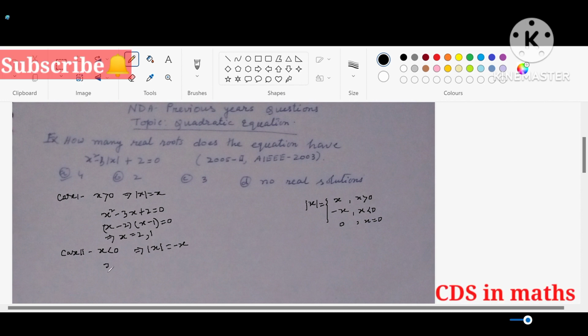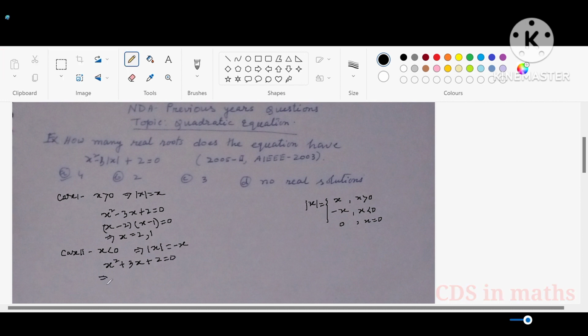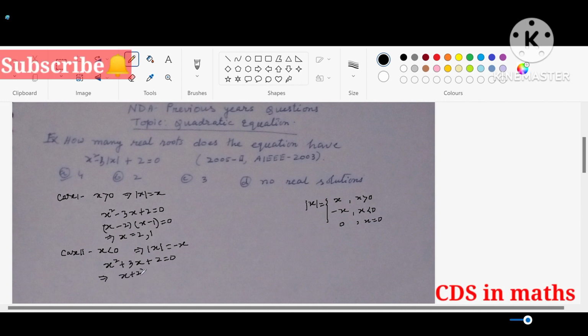So this given quadratic equation will become x square minus 3 into minus x, so minus and minus makes plus 3x plus 2 is equal to 0. So this is now a quadratic equation free of mod. We can again solve using the factorization method, middle term factorization.